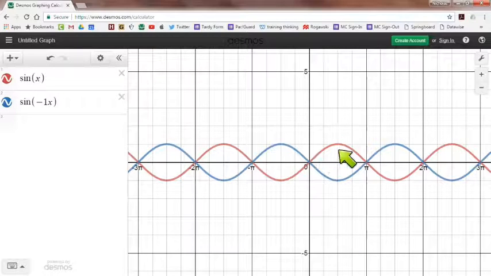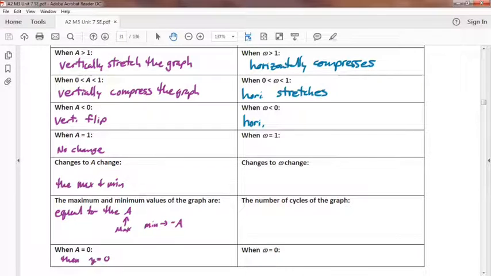But it actually horizontally flips. You see this point right here? This max on the red line? It went over here on this blue line. You see this x-intercept right here? It went over here on this x-intercept on the blue line. So it horizontally flips.